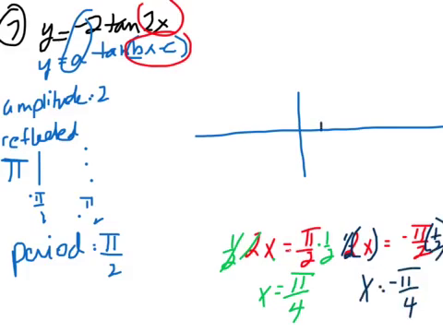So pi over 4 and negative pi over 4 are where my asymptotes are going to be. Let me put those in, and I'll do those in red like I did the previous one. Okay, now that means every pi halves.